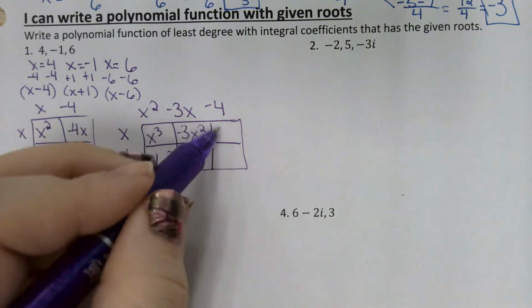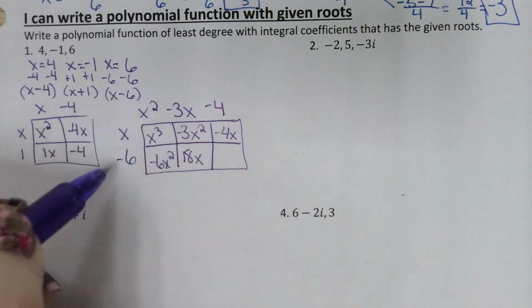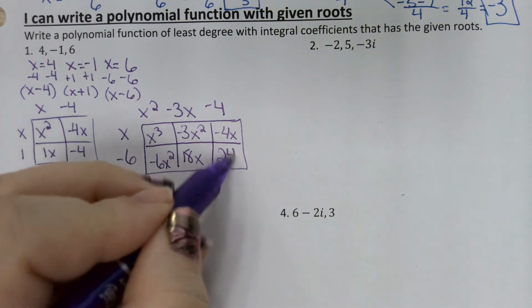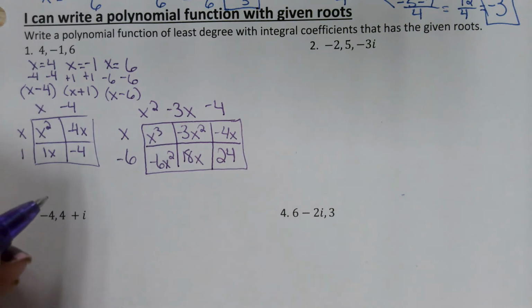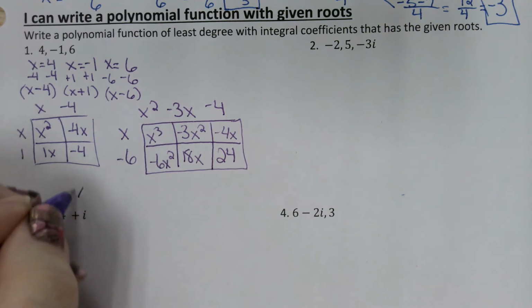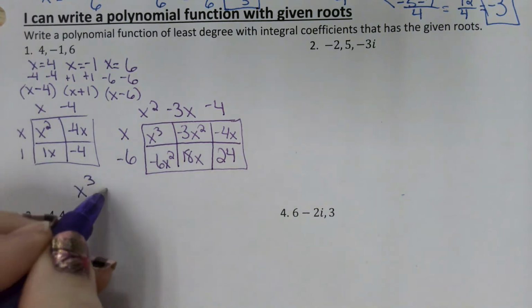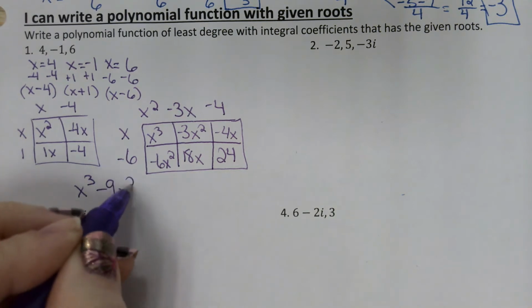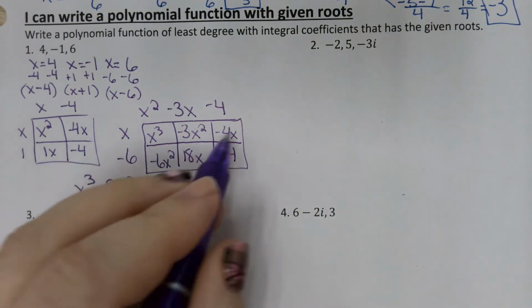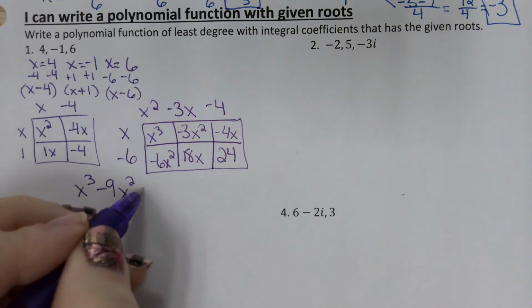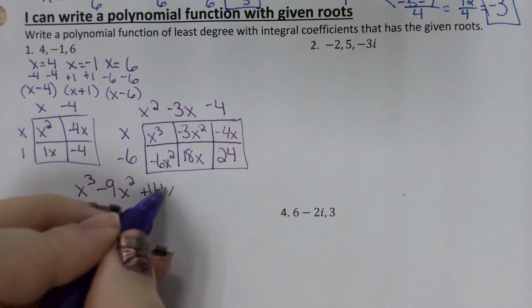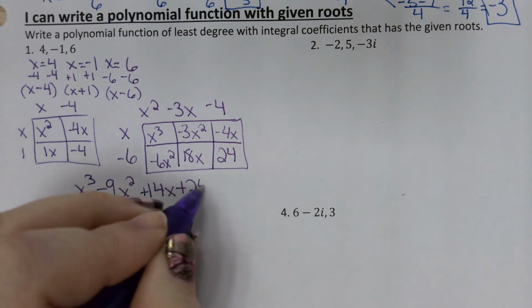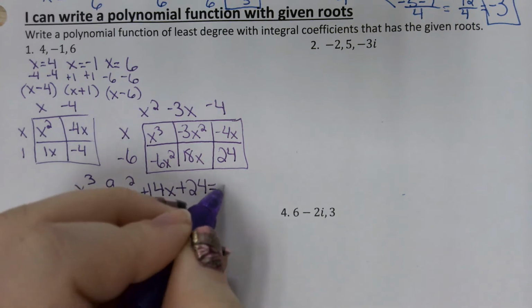X and -4, -4x, and -4, -6, 24. Combine like terms and you have your polynomial. So x to the third minus 9x squared when I combine these two. And then I can combine these two together and get positive 14x and positive 24 equals 0.